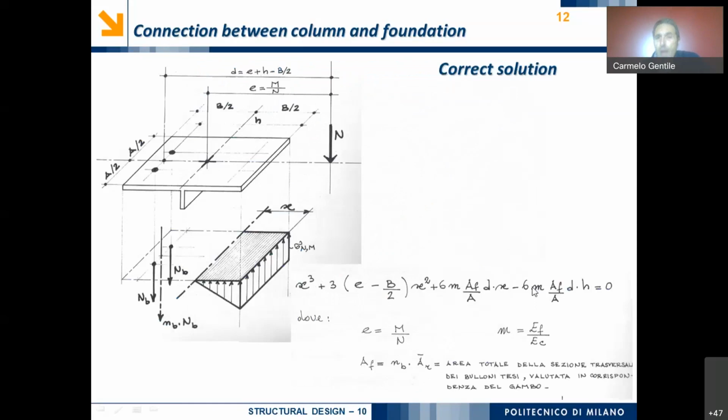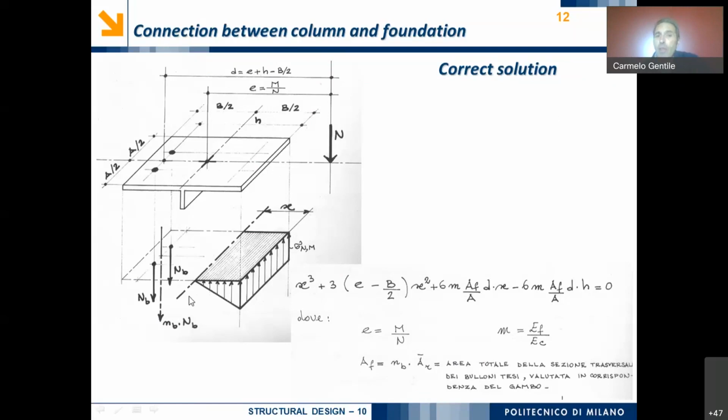Now, the solution in the other case, in the case in which we use the correct solution, is a little less simple, because we have to use basically three conditions. The first condition is the one involving the rotation, the stiff rotation of the plate.